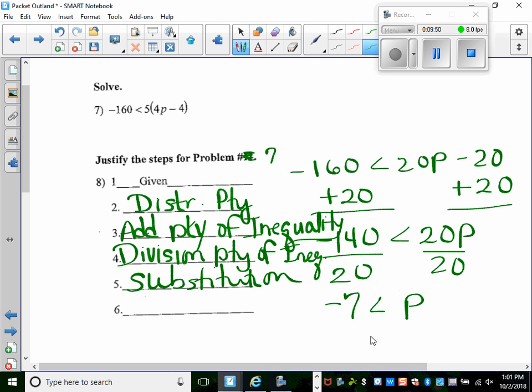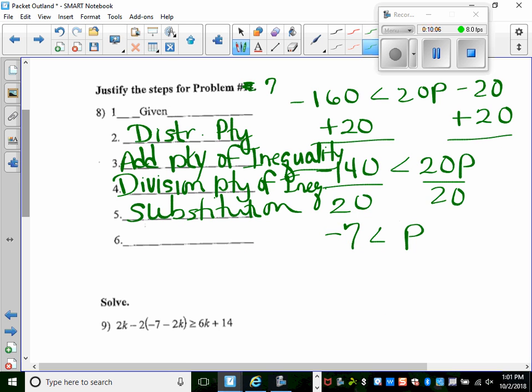Okay. Now recall, you really should have your variable on the left at all times. So we're going to reverse this because we wanted to say P is something in the -7, not -7 is less than P. So when you have to flip it to the other side, what do you think you're going to do with the inequality symbol?